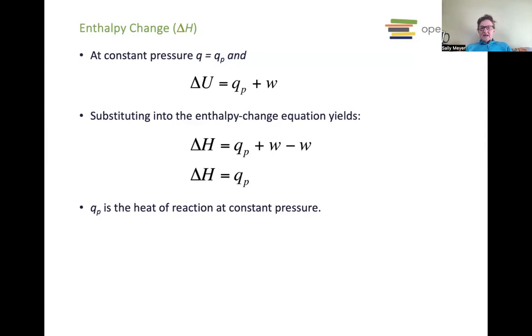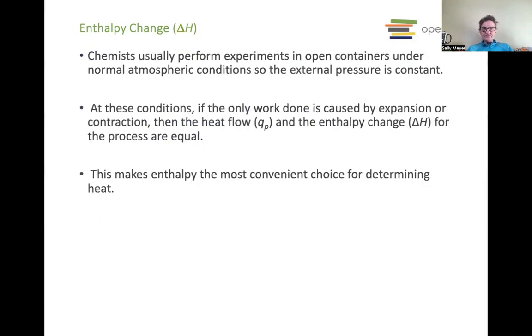So if you have plus work minus work at constant pressure, that means delta H is just a measure of how much heat is transferred at that constant pressure. We usually do reactions at constant pressure in chemistry. That's why we've created the function enthalpy, so that if we measure Q, which isn't necessarily a state function, at constant pressure, it's equal to delta H, which is a state function. That will be very useful in a second.